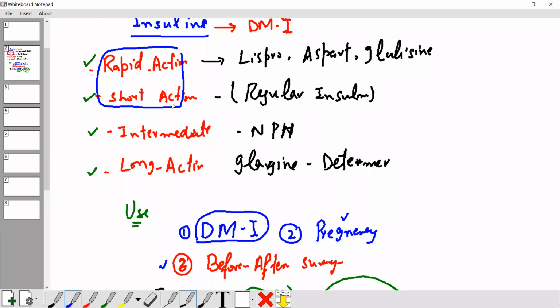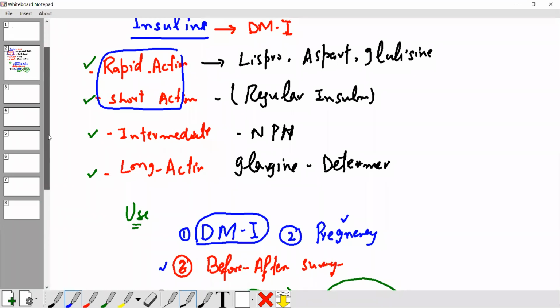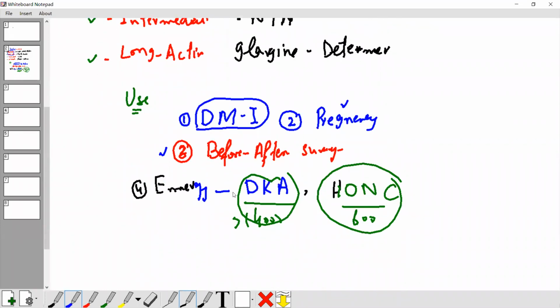These insulins work very slowly, so we can't use them in an emergency situation. Understand? Diabetes emergencies: DKA and HONC, hyperosmolar non-ketotic coma, which is a complication of type 2, and DKA is a complication of type 1.